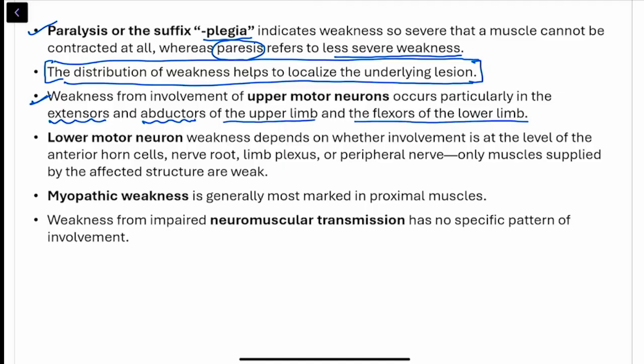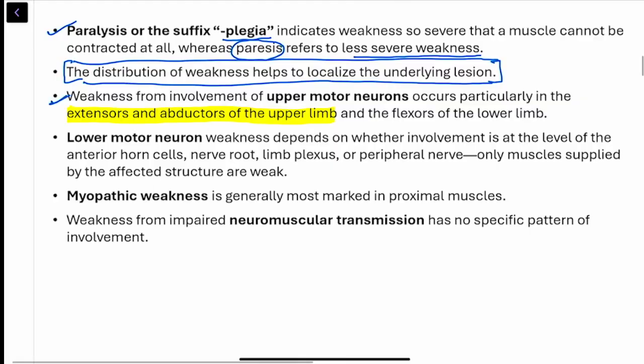Upper motor neuron weakness occurs in extensors and abductors of the upper limb. Let me highlight it. Extensors and abductors of the upper limb. It means upper motor neuron weakness.